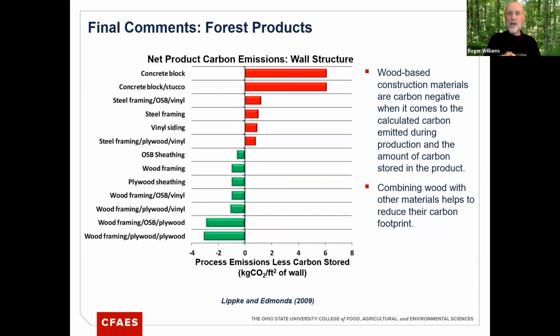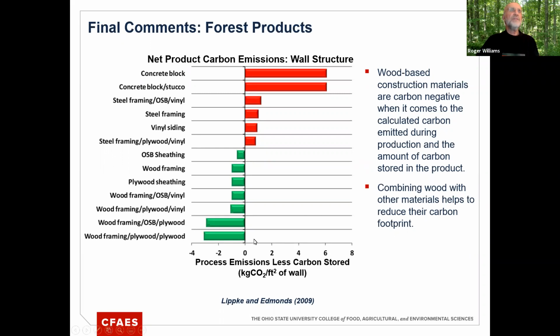So when we start looking at the use of wood-based construction materials, when you account for the carbon emitted during its manufacture and the carbon that is stored in the product, these wood-based products are more carbon neutral than the non-wood products, okay?